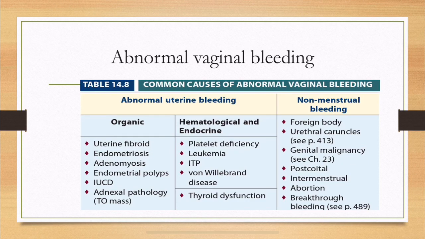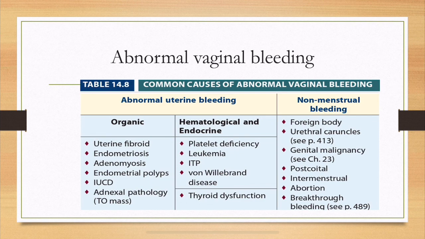The organic causes were uterine fibroid, endometriosis, adenomyosis, endometrial polyps, IUCD in utero, and adnexal pathology, that is tubo-ovarian mass. Hematological and endocrinal disorders included platelet deficiency, leukemia, idiopathic thrombocytopenic purpura, von Willebrand disease, and thyroid dysfunctions, hypothyroidism and hyperthyroidism.